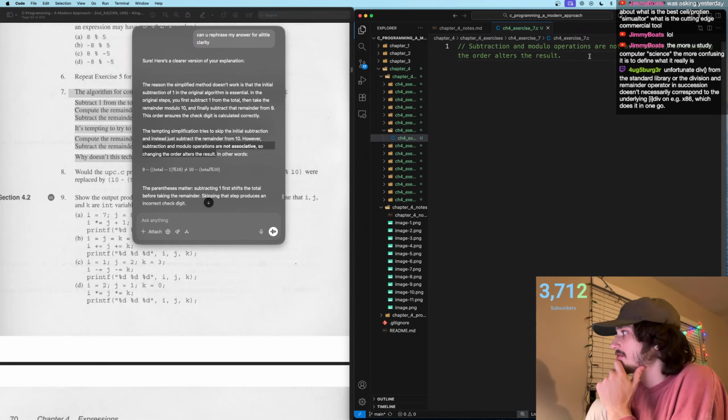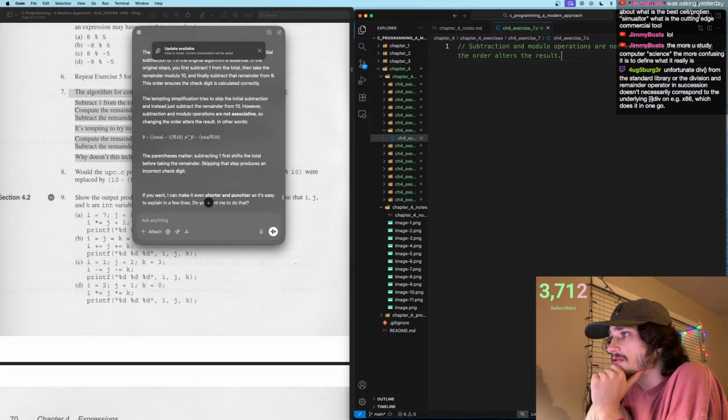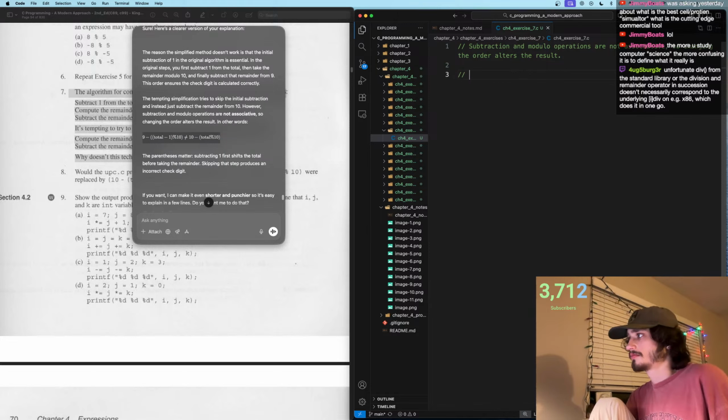Subtraction and modulo operators are not associative, so changing the order alters the results. In other words, these do not equal one another. I like this. So 9 less than (total minus 1) modulo 10 does not equal 10 less than total modulo 10.